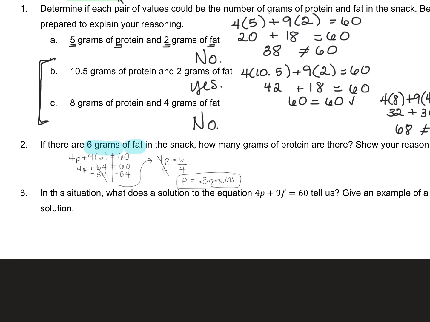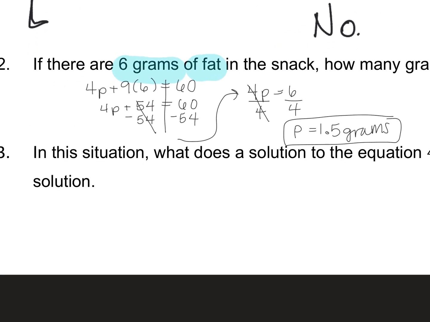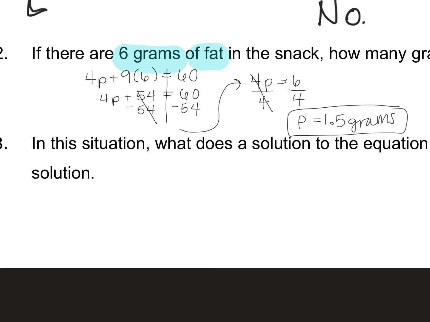For 3, it says, in this situation, what does the solution to the equation tell us? So again, not asking for a solution, but what it means. So if we look at our last example, the solution would be 6 and 1.5.